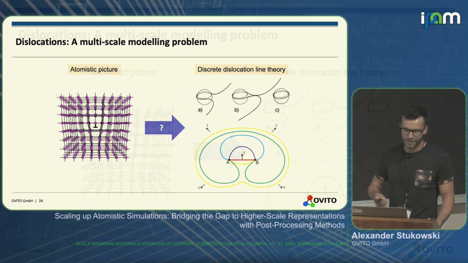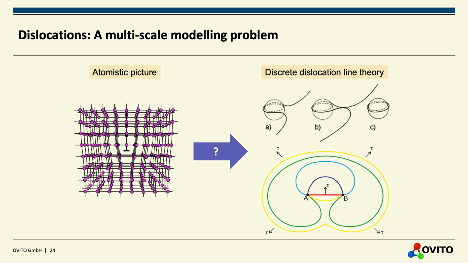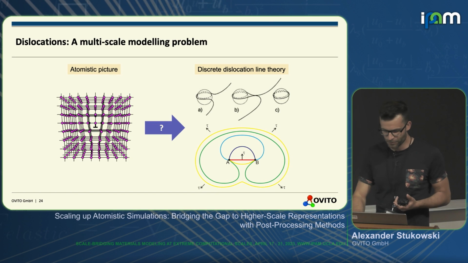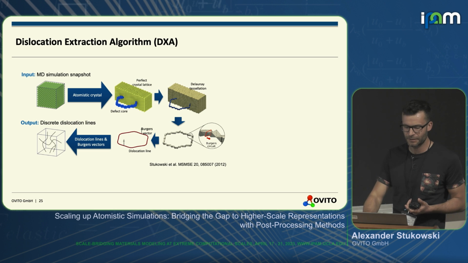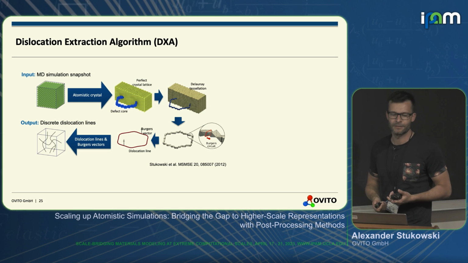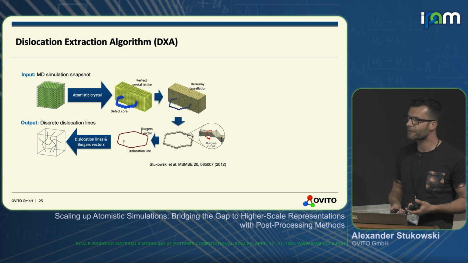So one of the long-standing problems or questions was, how can we make this step from the atomistic world to this mesoscopic model of dislocations, where we described it in terms of discrete lines and Burgers vectors. The solution that we developed at least 10 years ago is the so-called Dislocation Extraction Algorithm.